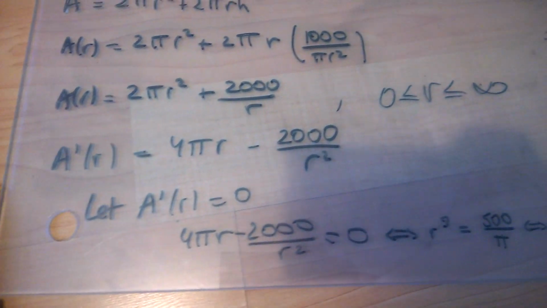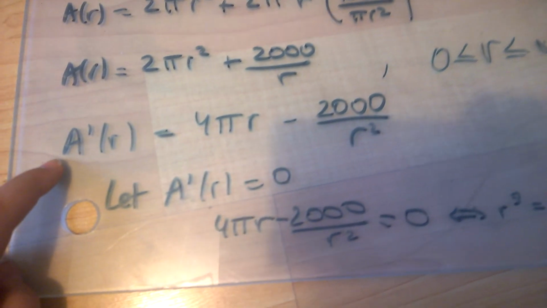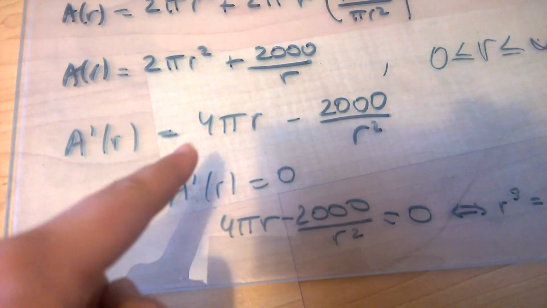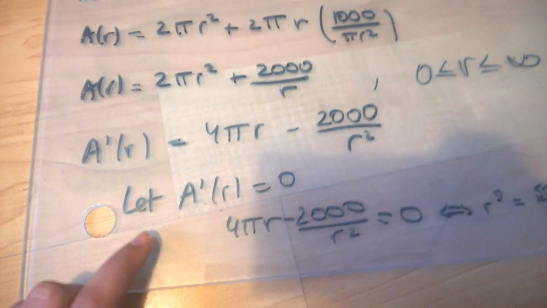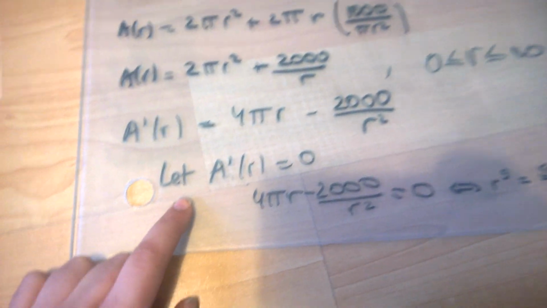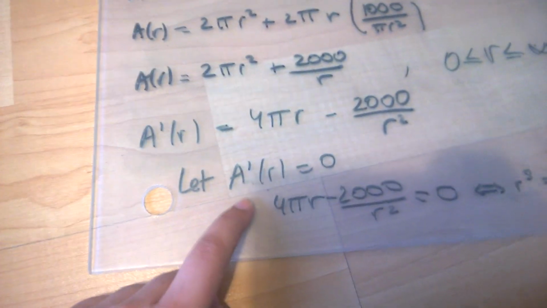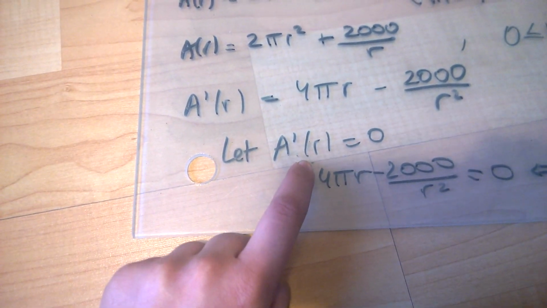Okay, so now we have to find the derivative of A of r, and A prime of r is 4 pi r minus 2000 over r squared. We have to let A prime of r equal 0 in order to find a minimum or a maximum value of r.